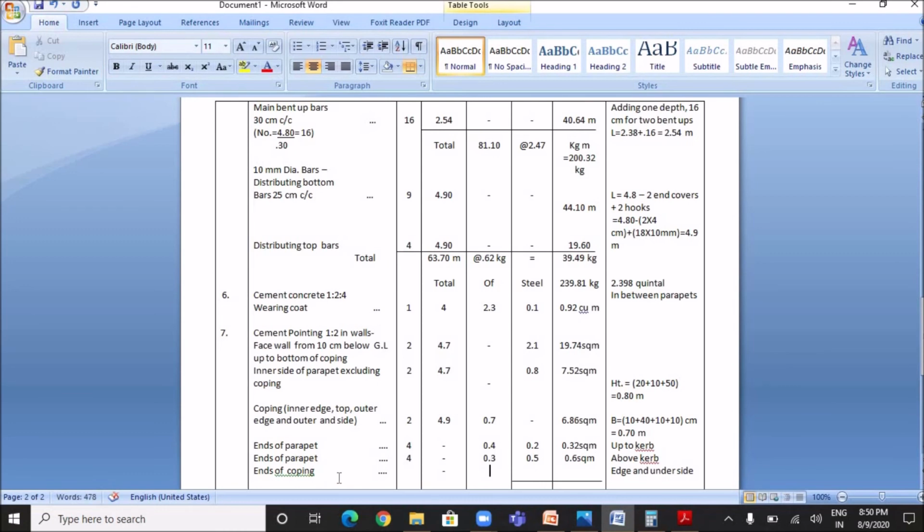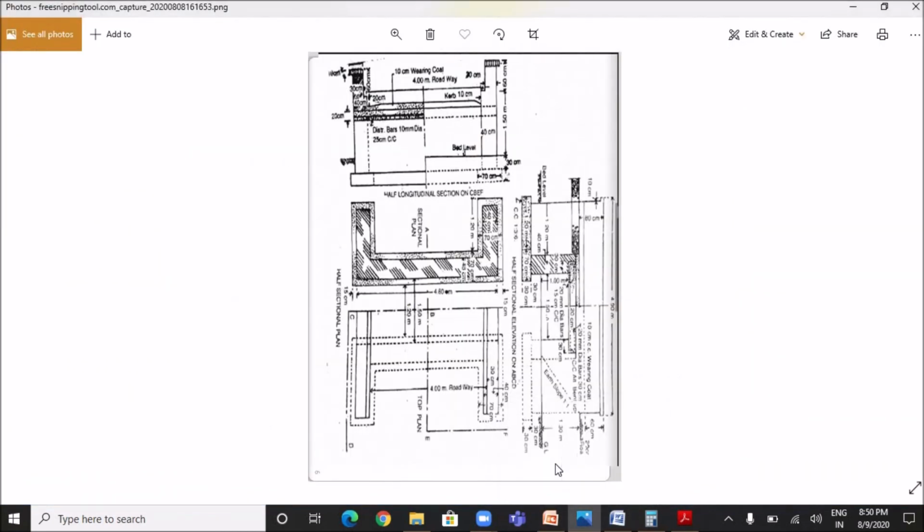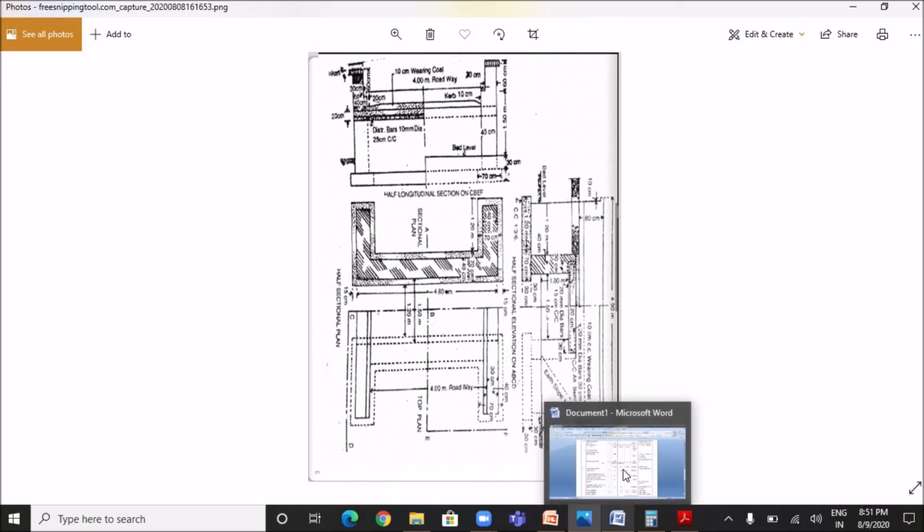Next, the pointing work is to be done for the ends of coping. So there are 4 number of ends. Here the breadth at the end of coping is 40 centimeter, and this end pointing work is done, and this end the pointing work is done. So 10 plus 10 equals 20 centimeter height.